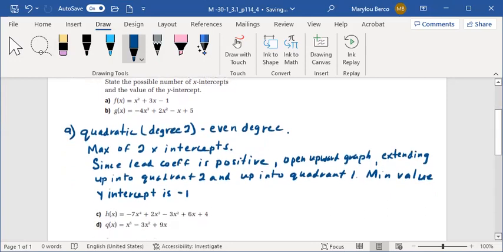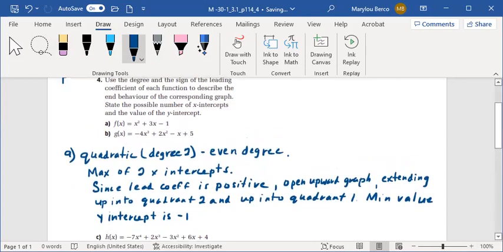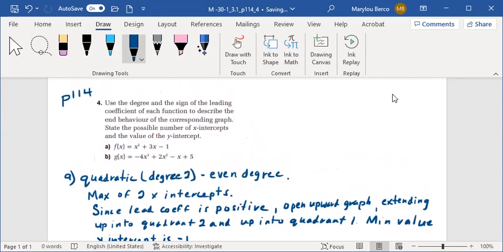Okay, for B, the function is cubic, degree 3, which is an odd degree polynomial function.